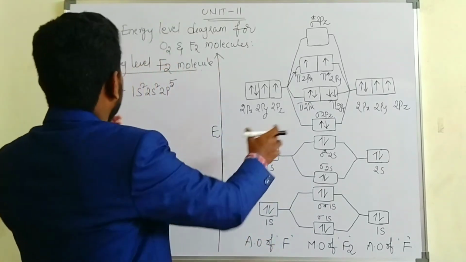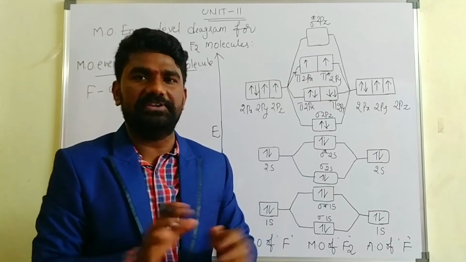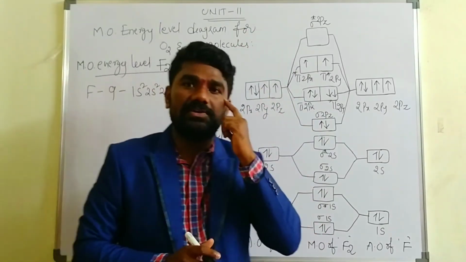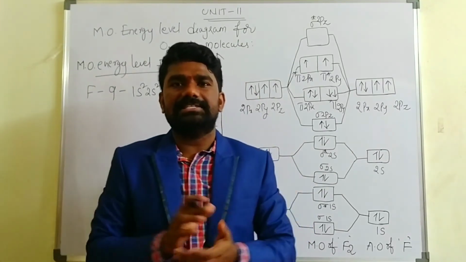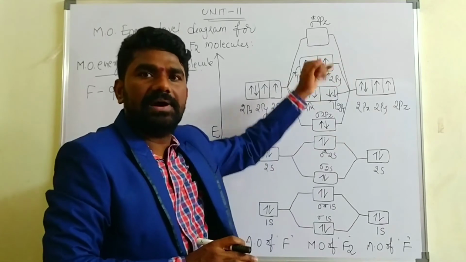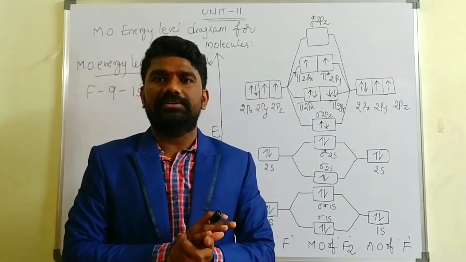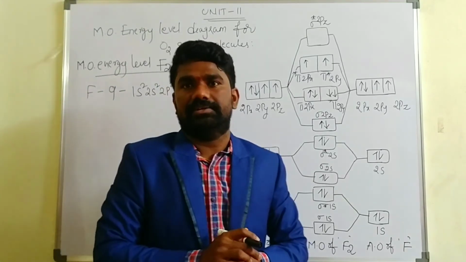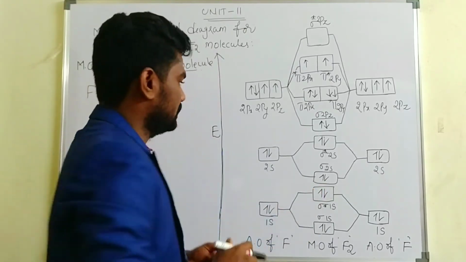The difference between the oxygen and fluorine molecules is that the filling of the electrons will be different. The remaining construction of the molecular orbital energy will be the same. The energy order will be the same, but the filling of the electrons will be different. We'll check how the fluorine molecule can be differentiated from the oxygen molecule.